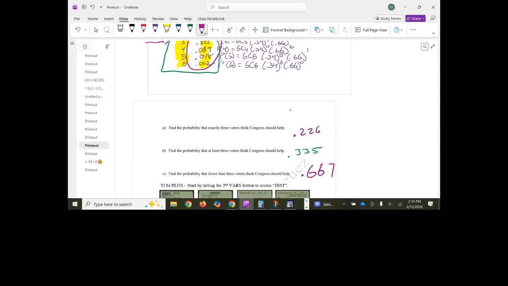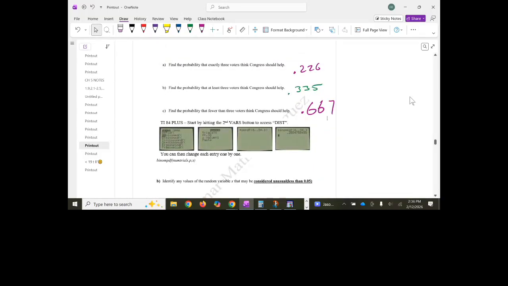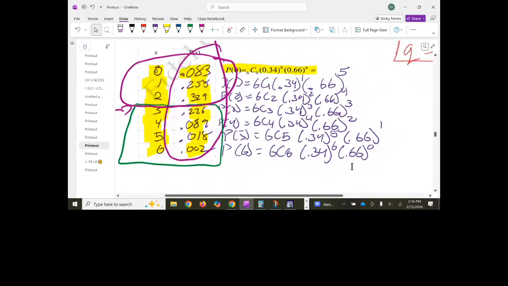All right. Okay, there's another part to it. Identify any of the random variables x that might be considered unusual. Unusual would be a number smaller than 0.05. Let's scroll back over here. We're looking for any number that would be smaller than 0.05. Okay, so let's do this.